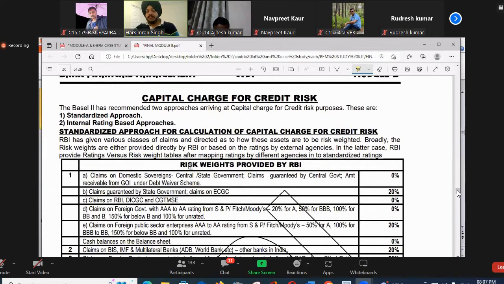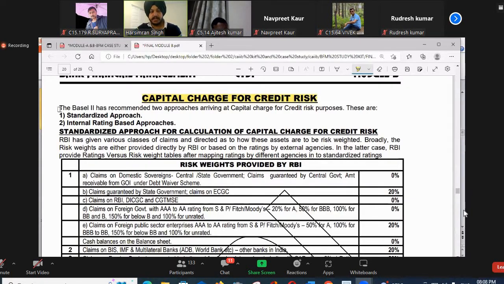So on page number 43, we will start with the capital charge calculations. Open page number 43. On page number 43, first is capital charge for credit risk.